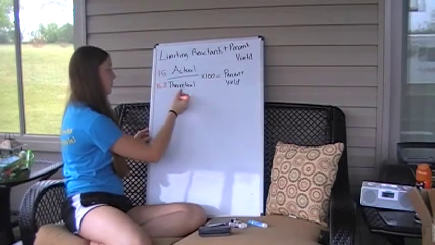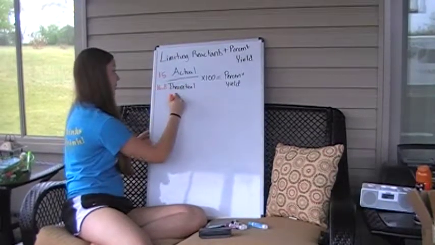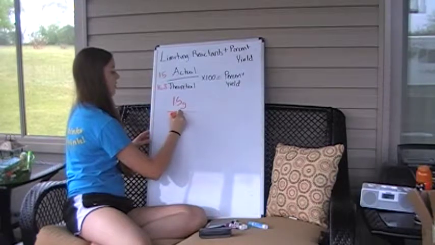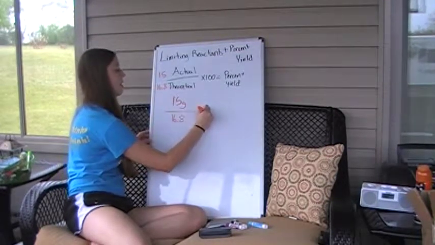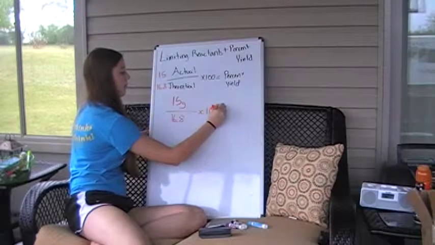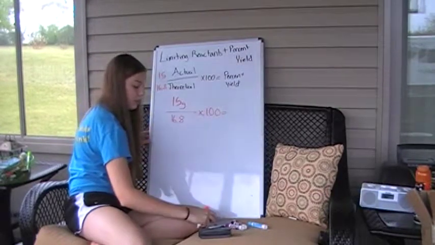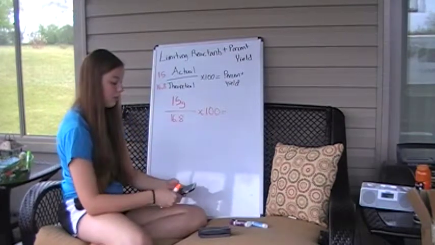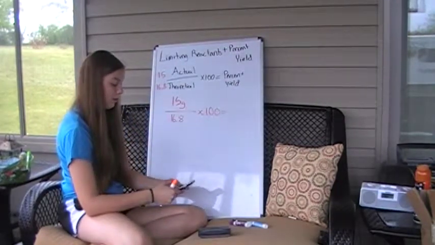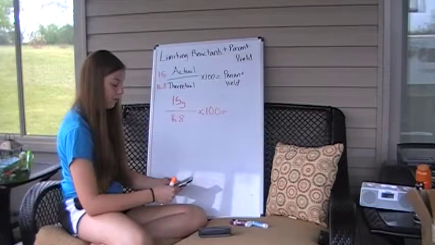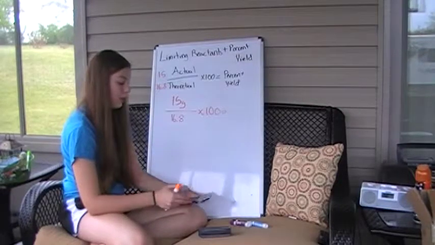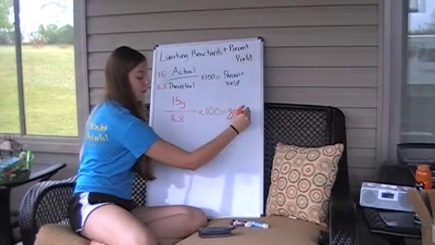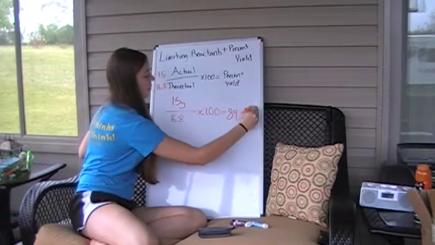And therefore, using the equation up here, we take 15 divided by 16.8 times 100 will equal 89.28%.